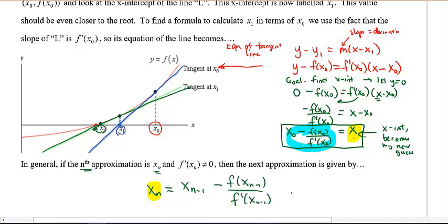Now if this is not good, because you're like, I don't like this n minus 1 notation, that's fine. We can do it the other way around. We can say that the next value, x sub n plus 1, is equal to the current value, x sub n, minus the y value evaluated at the current value of x, which is f of x sub n, divided by f prime of x sub n, the slope at the current value of x sub n.